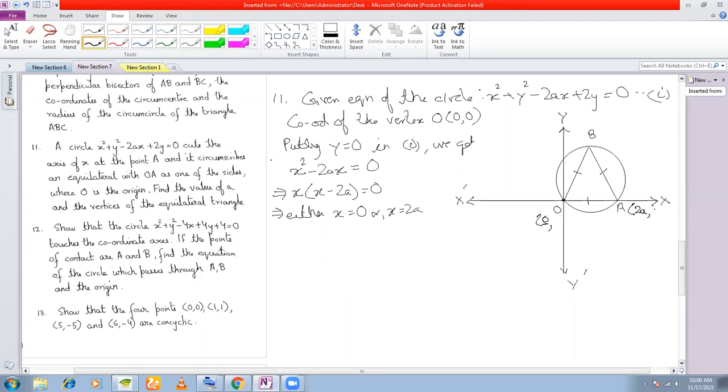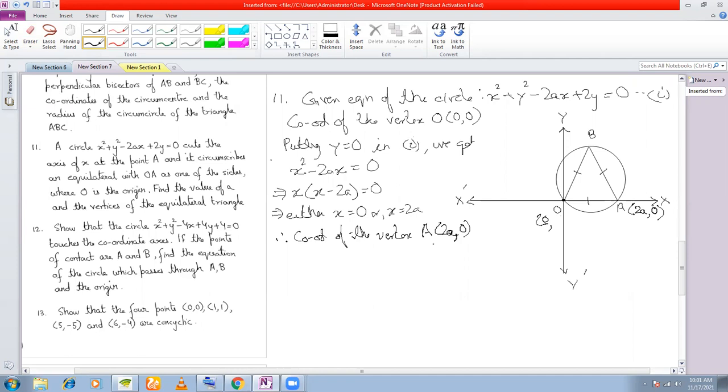Yes, sir. And obviously since it is on the x-axis, the y coordinate must be 0. So therefore, what can I say? Coordinates of the vertex A, (2a, 0), right?